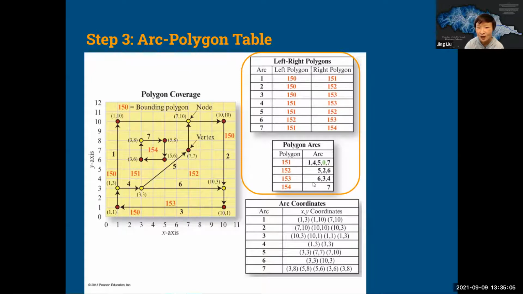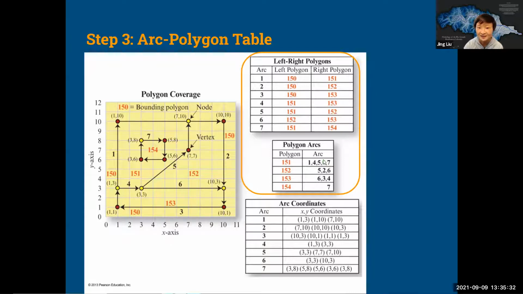Okay, and each polygon, you also have this relationship. My polygon is made of which arc or which arcs, right? So you can see here, for this polygon, you have arc 1, arc 4, arc 5, arc 7, and 5 is the entire thing.